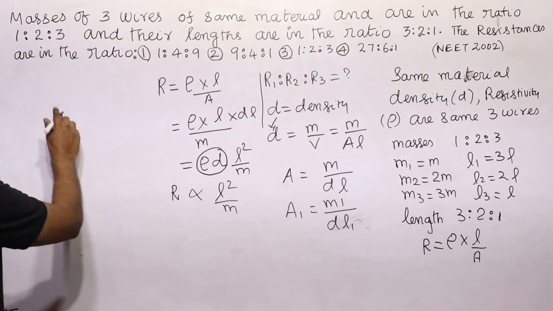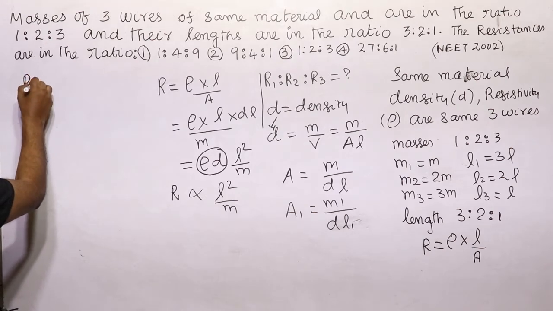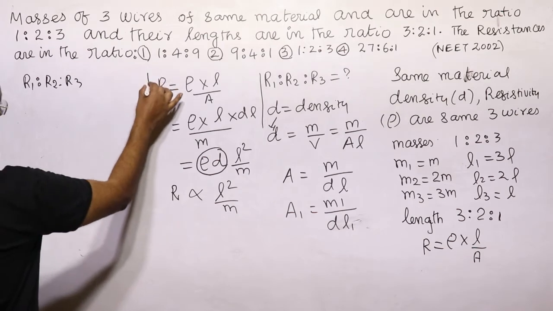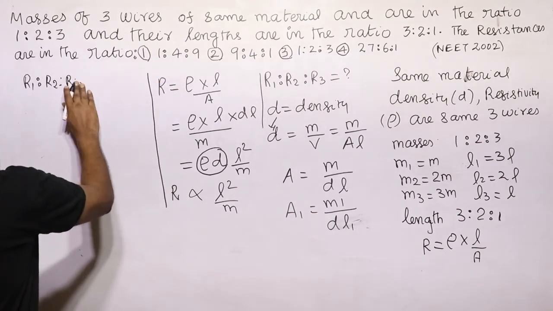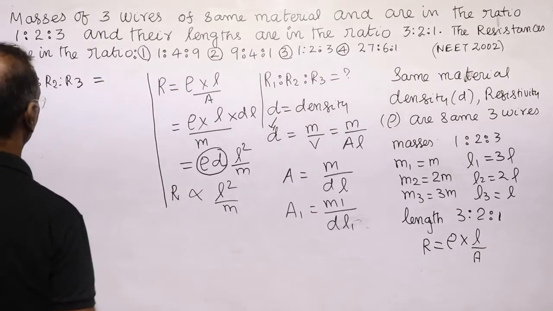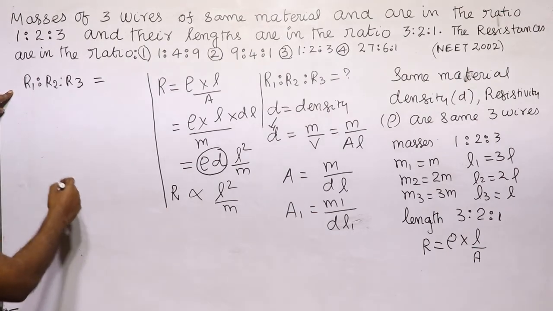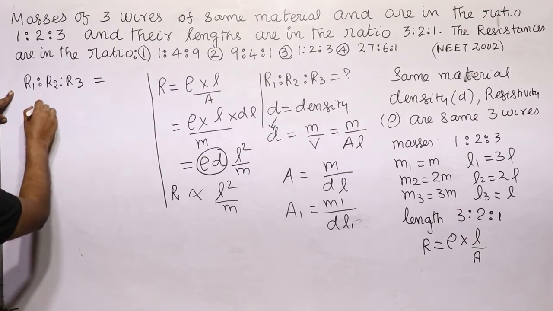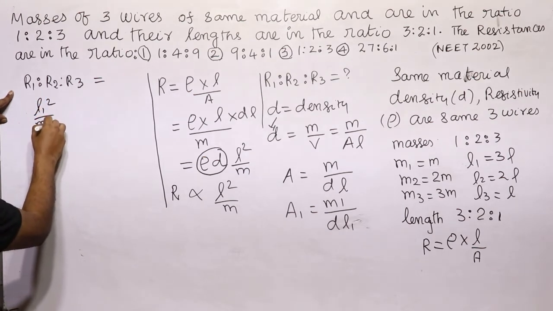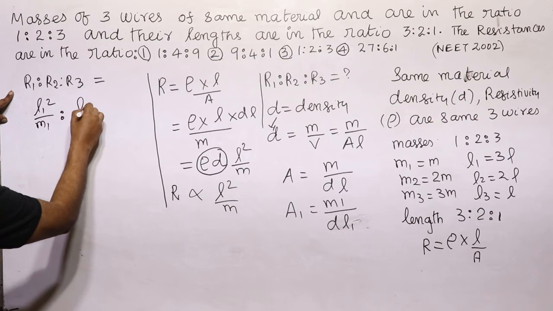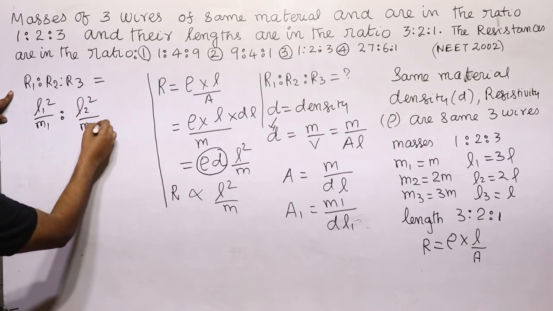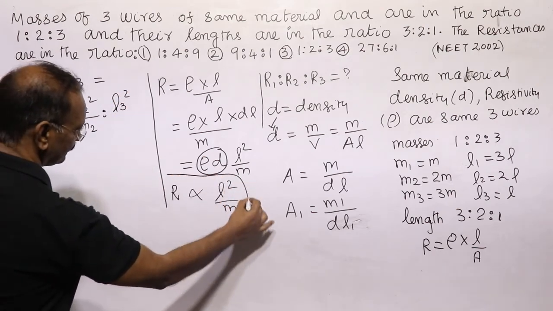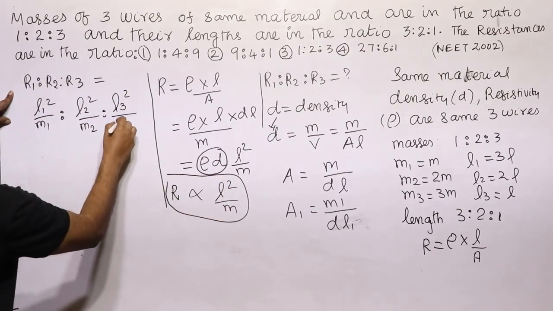Now we can find out R1 is to R2 is to R3. Since R is proportional to L square by M, we can remove the constant. R1 is to R2 is to R3 is equal to L1 square by M1 is to L2 square by M2 is to L3 square by M3.